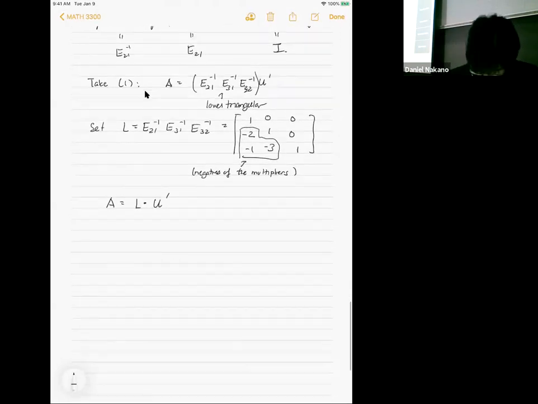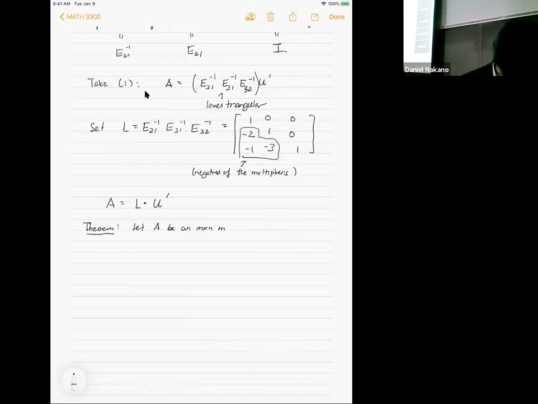All right, so here's the theorem. Let A be an n by n matrix. It doesn't need to be 3 by 3. And suppose no row exchanges are needed in the Gaussian elimination process to get it into just an upper triangular form.